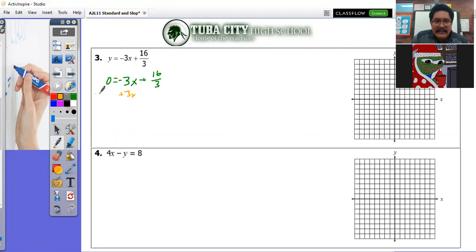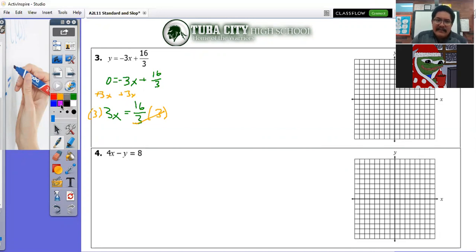Add 3x to both sides. And I get 3x equals 16/3. Now I've got to multiply both sides by 3, because I've got to get this 3 to cancel. I've got to get rid of my fractions.